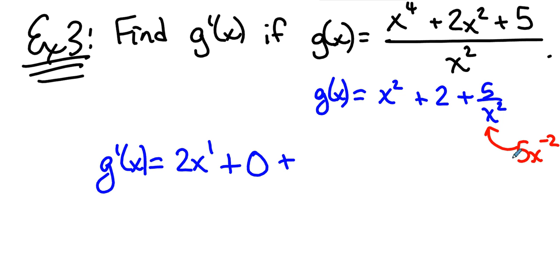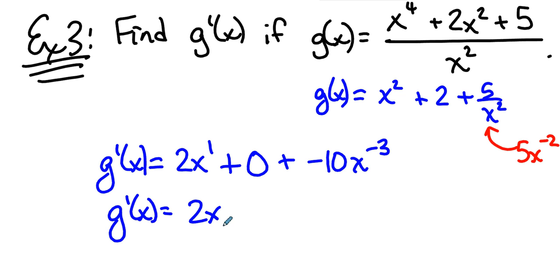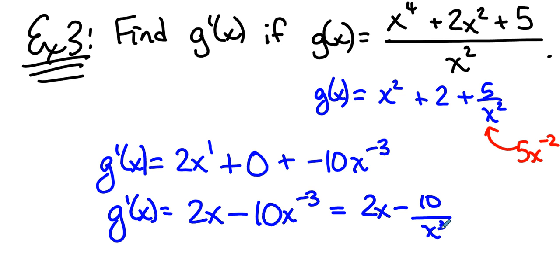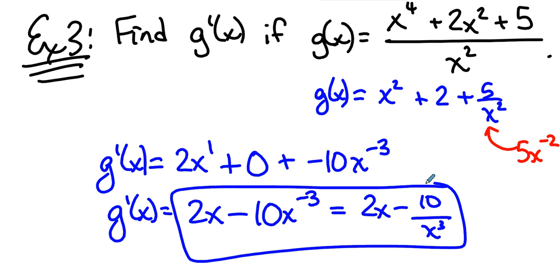Well, the negative 2 comes down in front, and the power goes down by 1. So cleaning things up, this is 4x cubed plus 2x, minus 10x to the negative 3. It might appear in the back of the book like this, but it doesn't have to. Either of those forms is going to be acceptable for our class.